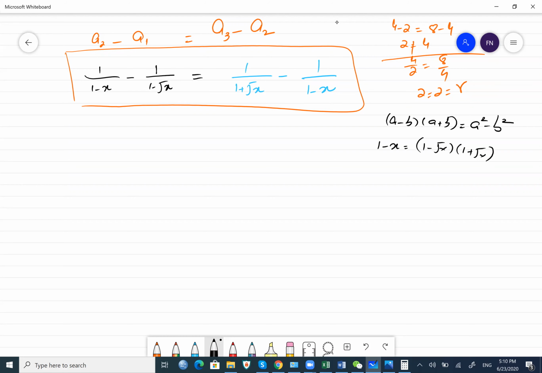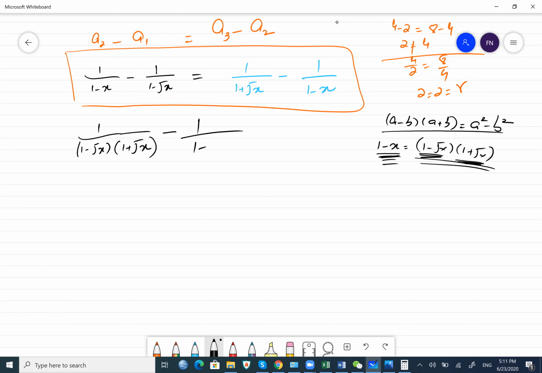Instead of 1 minus x, I can write it in this form by applying this formula. (1 minus square root of x) times (1 plus square root of x) is the same as 1 minus x. So instead of 1 minus x, I can write here (1 minus square root of x)(1 plus square root of x), and minus this 1 minus square root of x as it is, right?